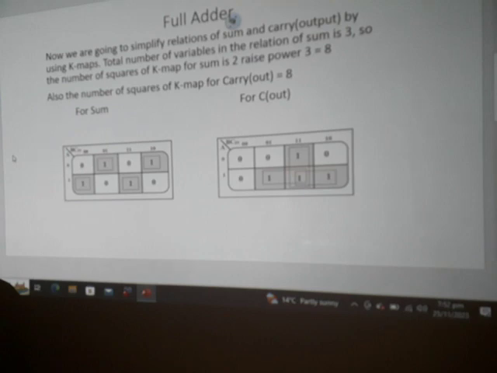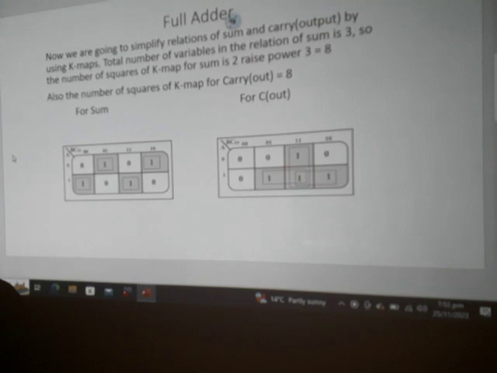Now for carry, we again write 1 in the corresponding squares, according to the minterms given in the relation. So then we can see that we can combine 2 squares because these are adjacent squares. Now we have 1 in the first row's third column.